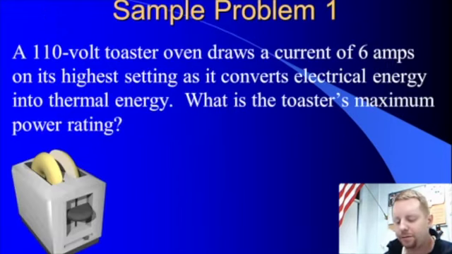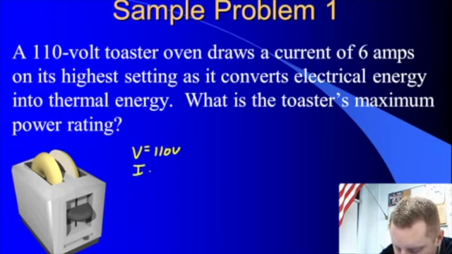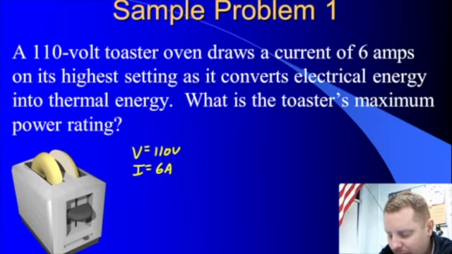A 110-volt toaster oven draws a current of 6 amps on its highest setting as it converts electrical energy into thermal energy. What is the toaster's maximum power rating? Well, its potential difference is 110 volts, and its current at its highest setting is 6 amps. So we're looking for power.